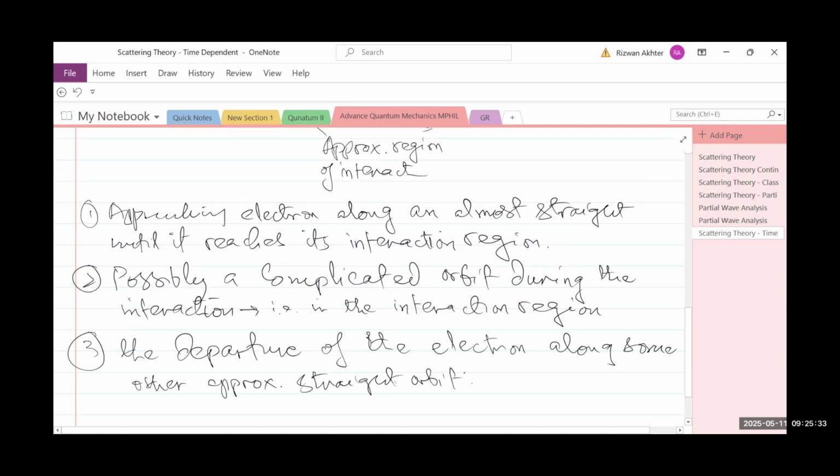What is very important to consider here is that this interaction region is no larger than a few atomic diameters. When the region is not very extended, just a few atomic diameters, then it is unobservable.